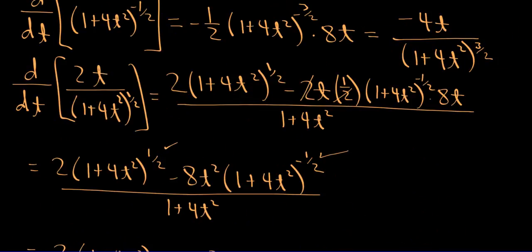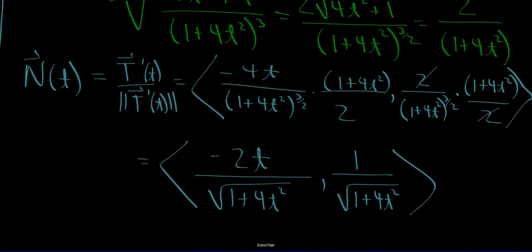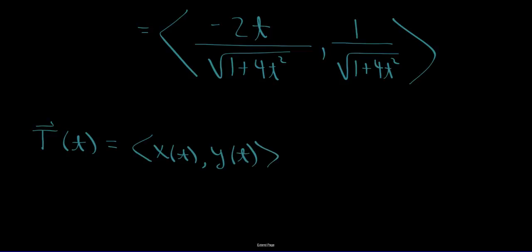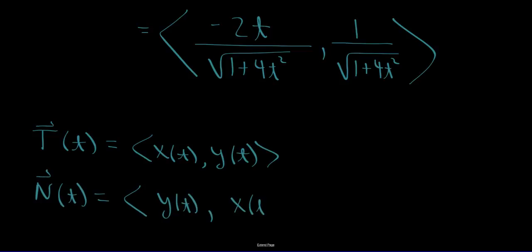So let's suppose that this right here is the unit tangent vector, and you have x of t, y of t. Then the principal normal vector is going to be one of two options. You're going to have y of t and then x of t here, and you're going to change that sign.